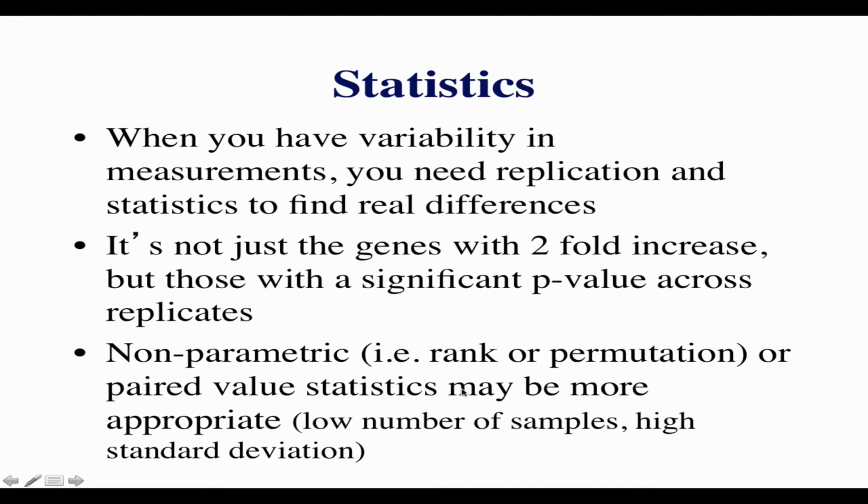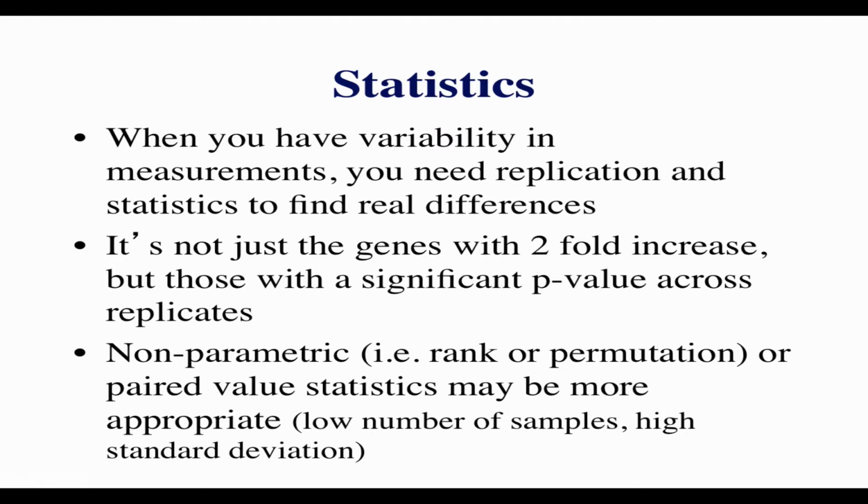For this type of data, for a number of reasons, but most strongly because of small sample size, non-parametric methods may be better than parametric methods. So a parametric method would be a t-test. But if you have only 3 or 5 or 2 replicates of treated and control, then you can't assume a normal distribution of measurements.